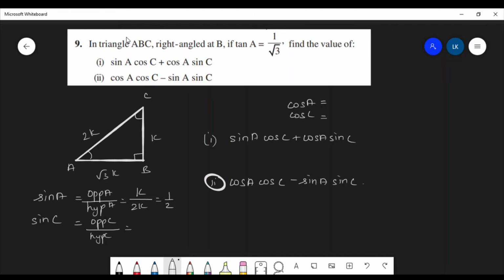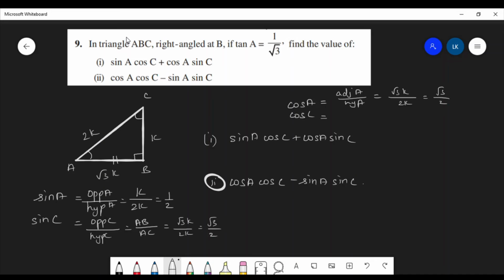The opposite side of C is AB, and the hypotenuse is AC, which is root 3 K by 2K, which is root 3 by 2. And cos A. What is cos A? Adjacent side of A by hypotenuse of A, which is root 3 K by 2K, which is equal to root 3 by 2.